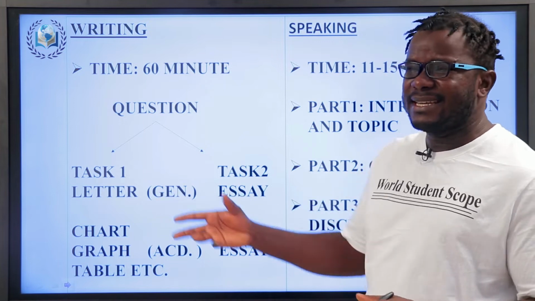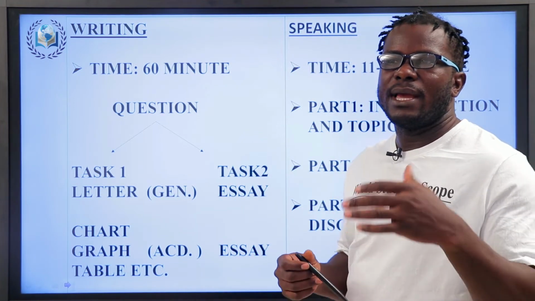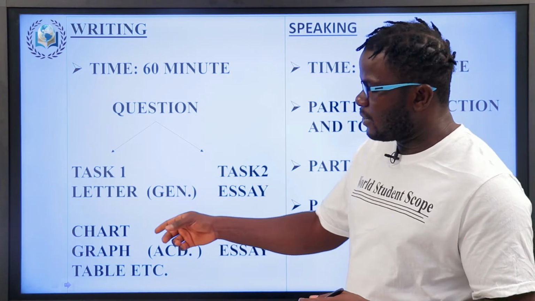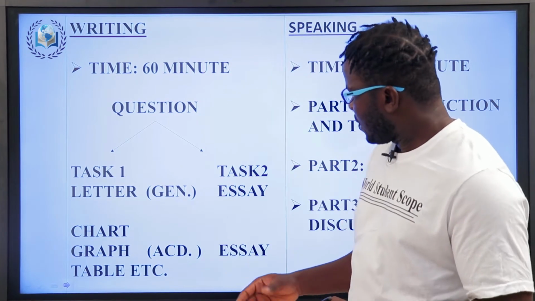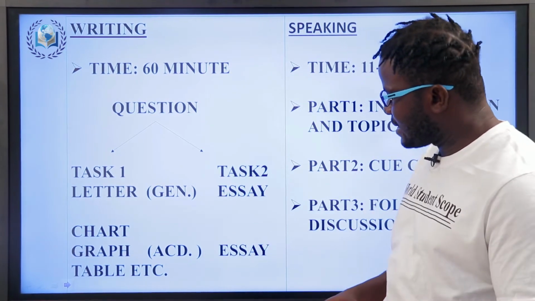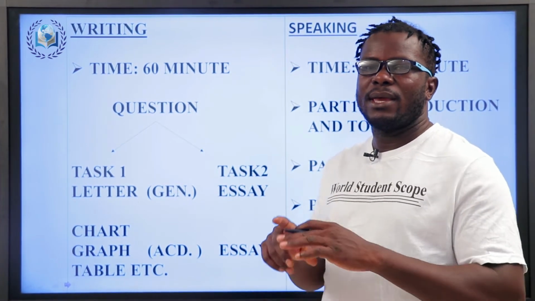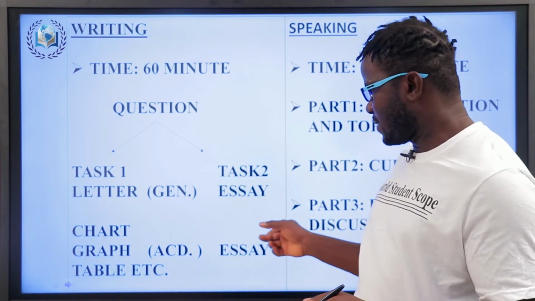Now, in a chart, they will just give you a chart and ask you to discuss what is within the chart, and also a graph based on the questions. And the last part, which is an essay, you will be given a topic or an essay in total to summarize or to discuss.